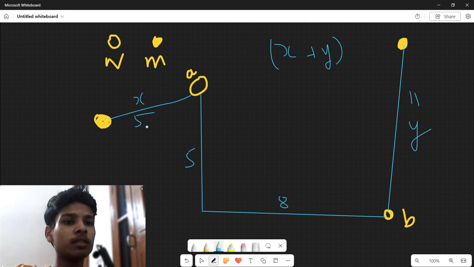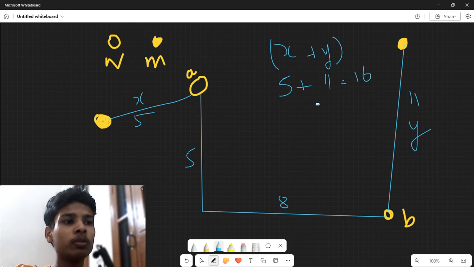Now in this case you can see my minimum major city distance from A is this, which has a distance of 5. So I will add 5 plus the minimum major city distance from B, which is this, having a distance of 11. So 5 plus 11 is equal to 16.